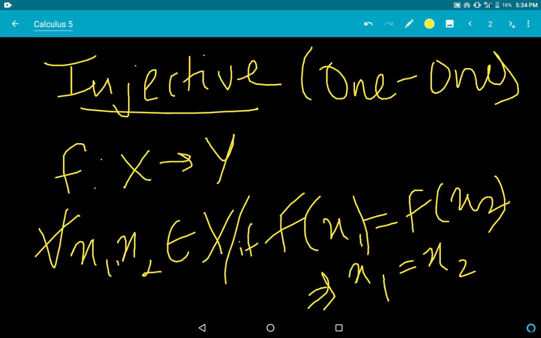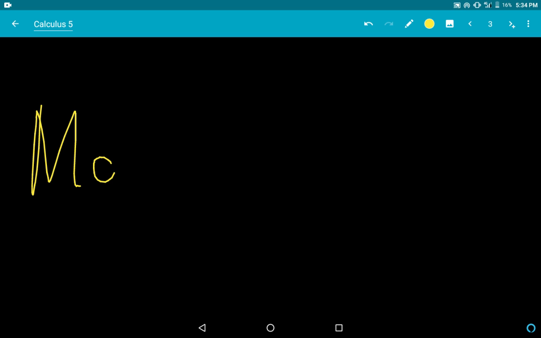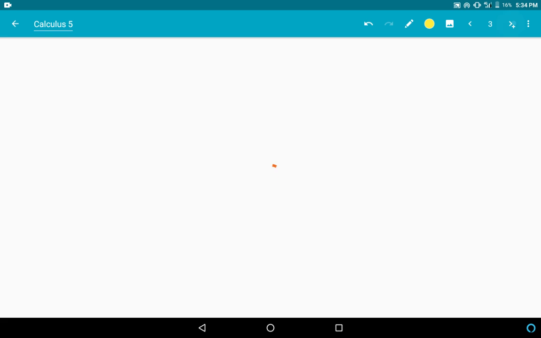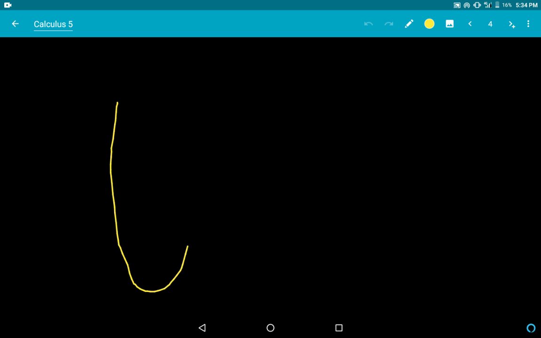Otherwise this function is called many-to-one. What does this mean?